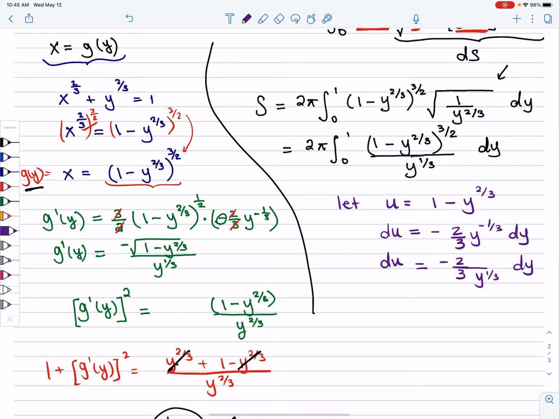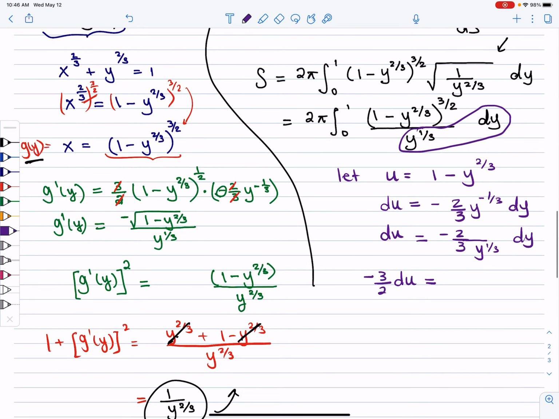So I'm going to just isolate 1 over y to the 1/3 dy, and we can say that negative 3 over 2 du is equal to 1 over y to the 1/3 dy.